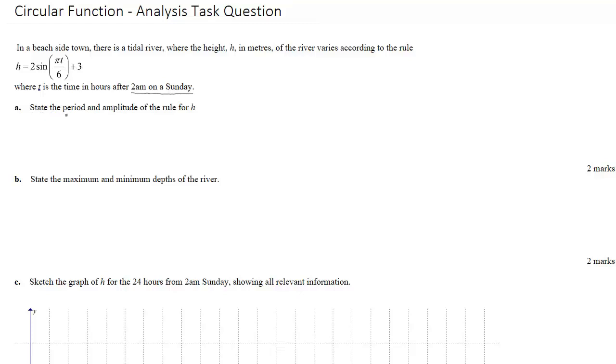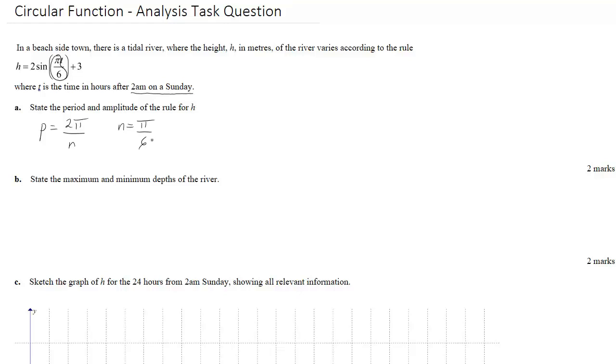Now, question A, state the period and the amplitude of the rule for h. So the period is 2 pi over n. Now, in this situation, n is equal to pi on 6, and that is just obtained from the number in front of our t value, or x.